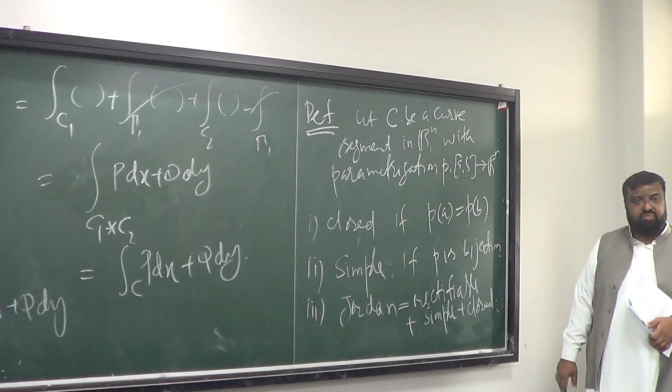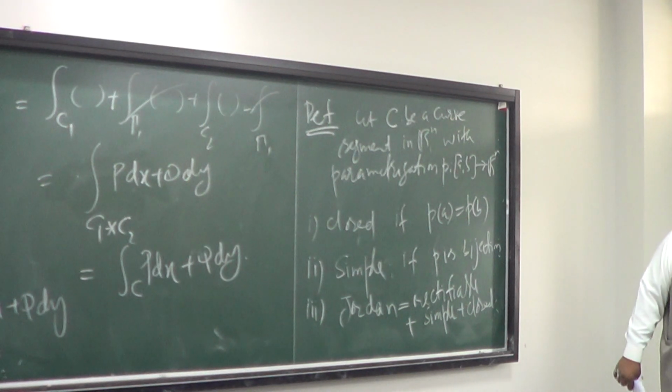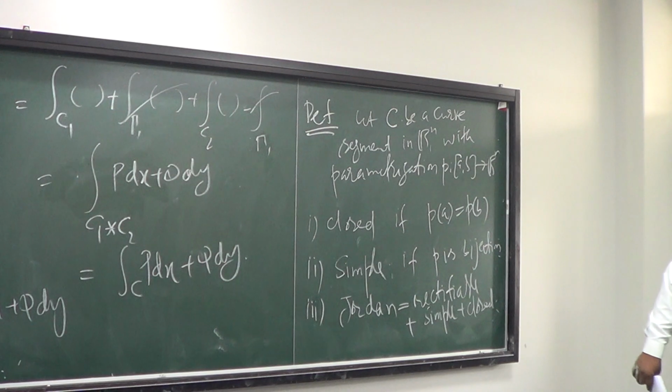Sir, if it is a curve segment, then its length will be finite. Segment doesn't imply that. We haven't given a technical meaning to segment. This is our intuition. Whenever segment comes to our head, we assume it has a finite length, but we haven't defined something being a segment.